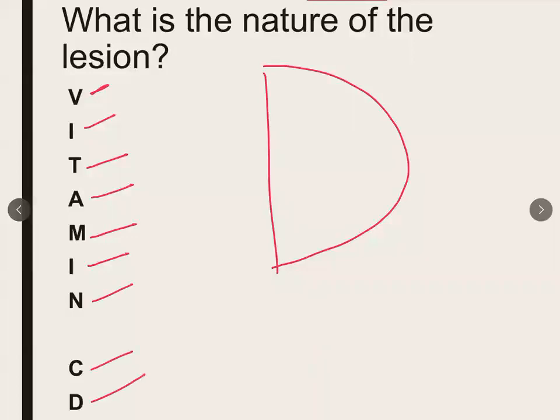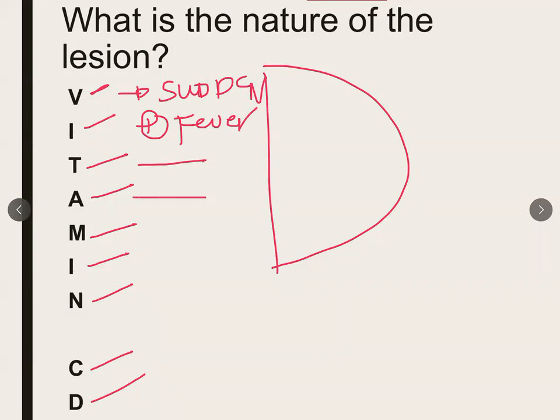Based on the history of the patient, usually vascular is sudden. Infectious, of course, presence of fever. Toxic, presence of toxic metabolites or substances. Autoimmune, presence of an autoimmune problem. Metabolic, presence of a metabolic problem such as hyponatremia. Iatrogenic, doctor-induced.